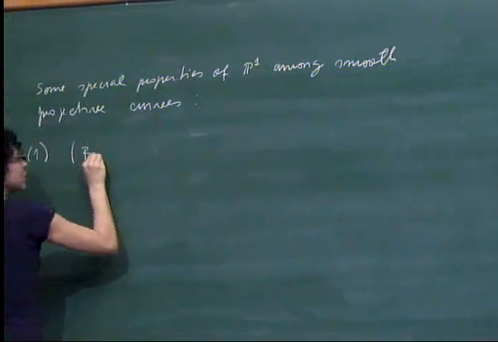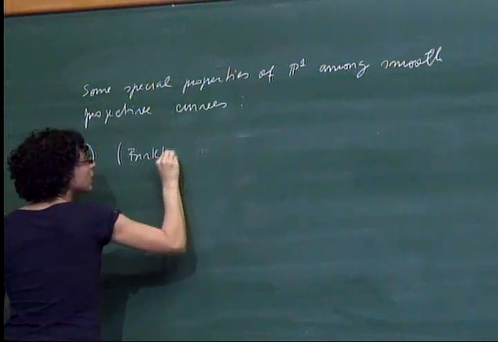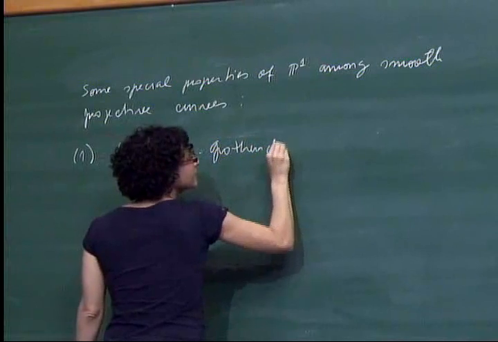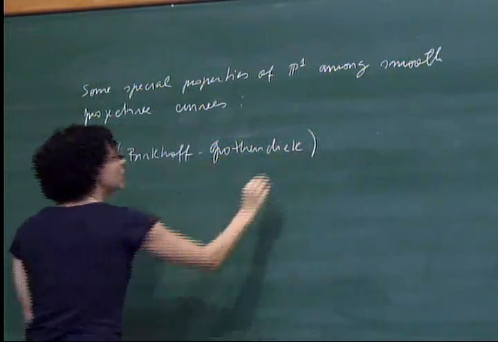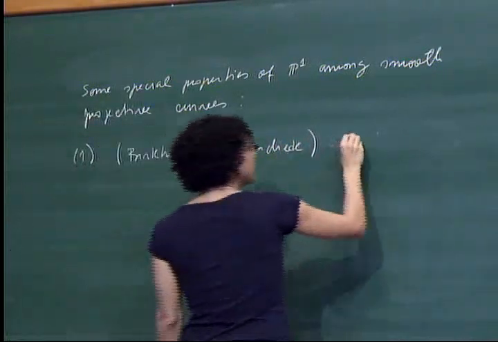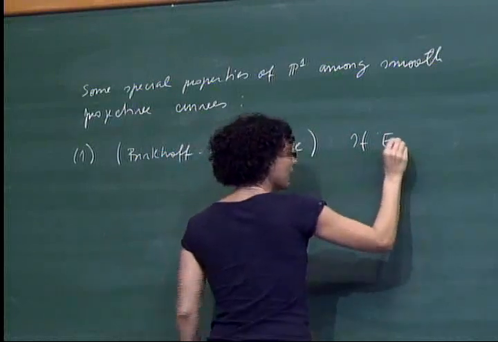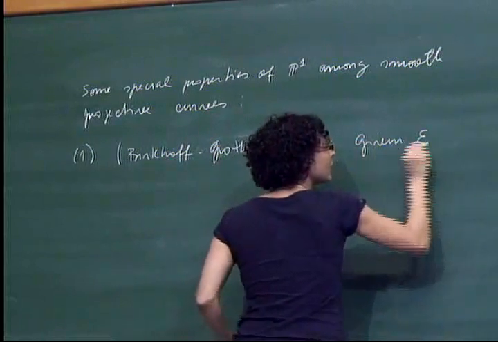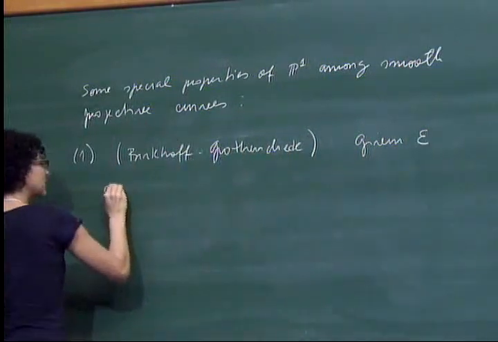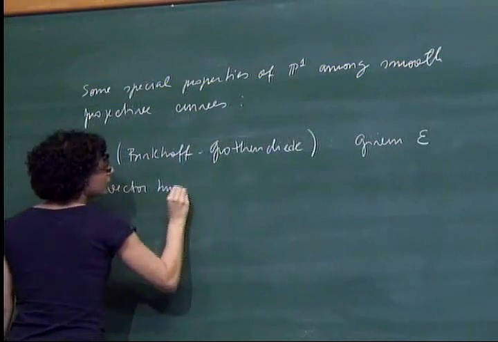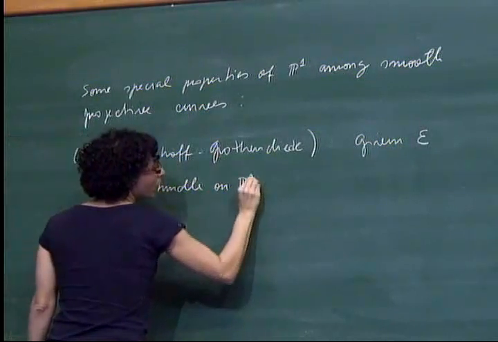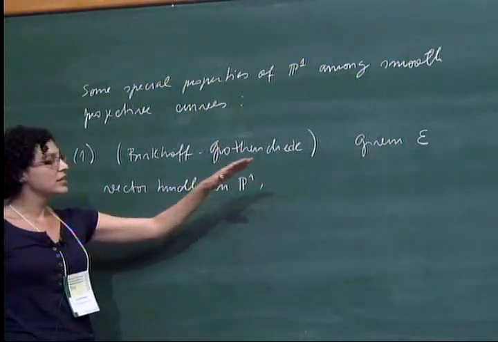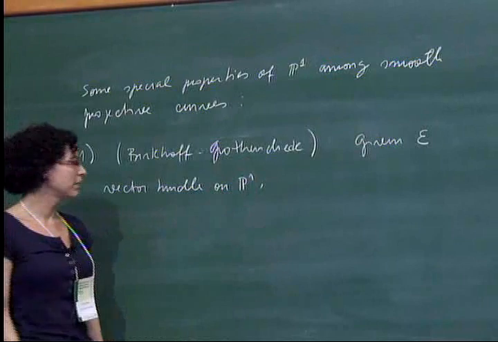So this goes back to Birkhoff and Grothendieck, which says the following. Given E a vector bundle on P1, then this is always a sum of line bundles.